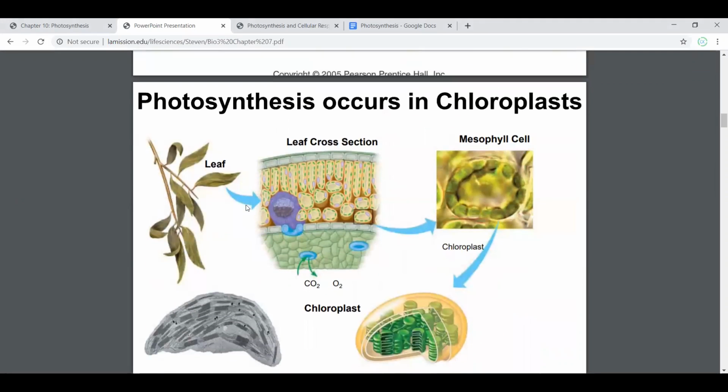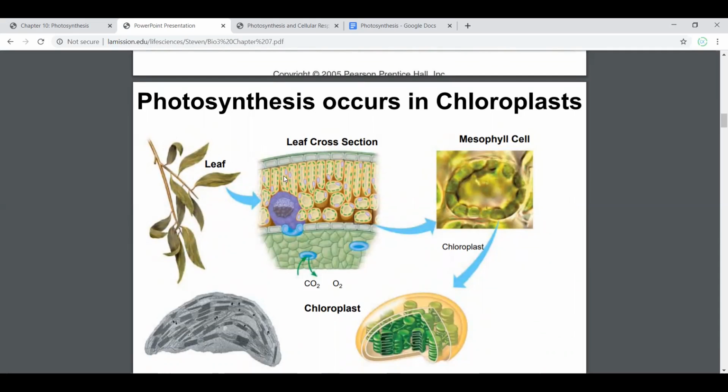Okay, so let's look at where chloroplasts are located. So chloroplasts are found in the leaf cells. If you look at the leaf cross section, what you'll actually see is these bundles here, which are made up of mesophyll cells. This is called the mesophyll.